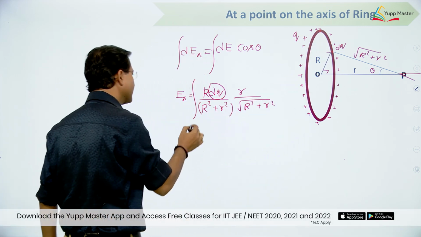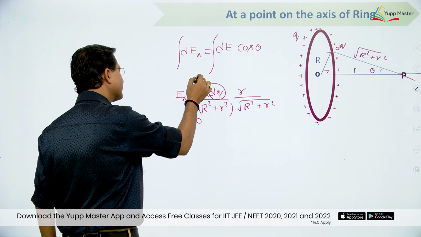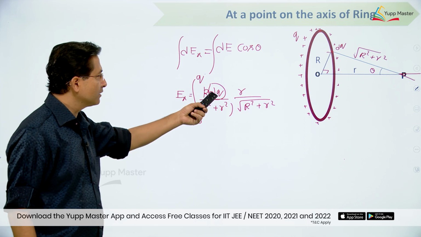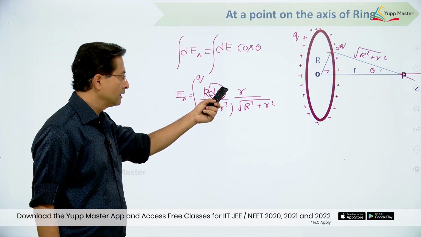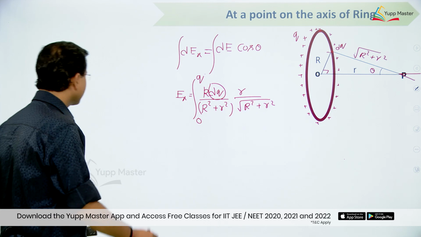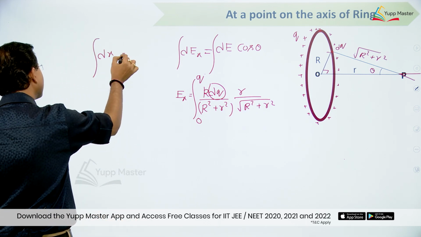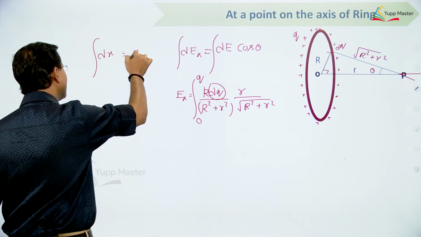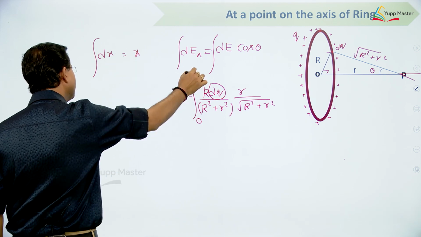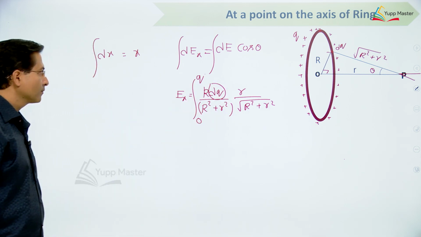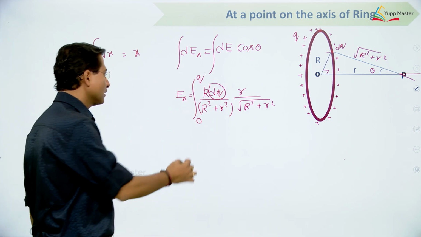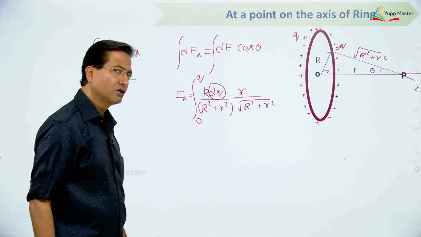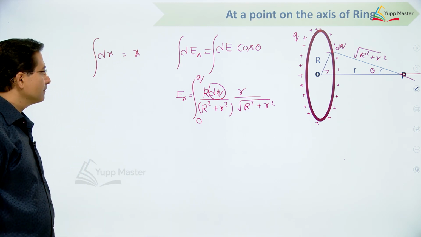So the total charge on the ring will give you capital Q after integration of dq, right. So if I integrate this one and put the limits, then I will get Q here, and this will become R square plus small r square to the power 3 by 2, right. I hope it is clear.